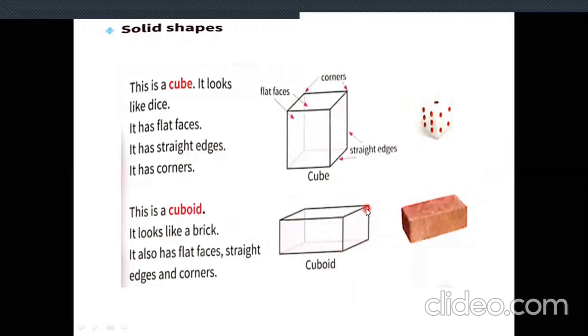The straight lines are called edges. And this face, if you turn the cuboid, you can see flat faces. Those are called flat faces. Both cube and cuboid have flat faces, straight edges, and corners.